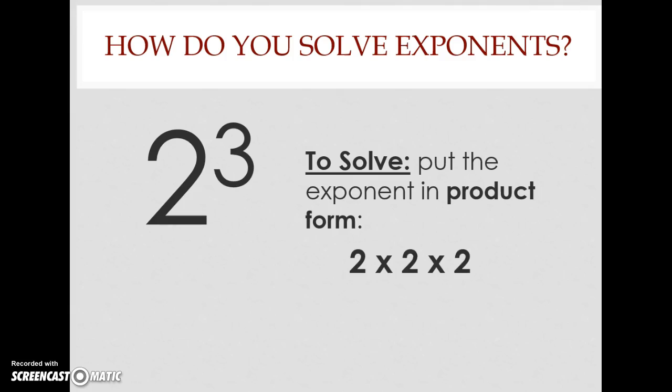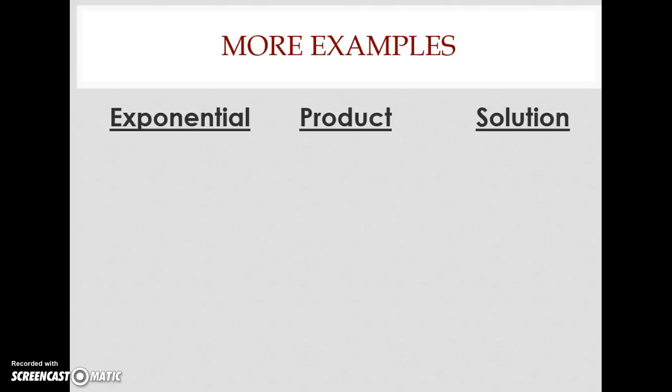So now I have 2 times 2 times 2. You shouldn't need your calculator for this, but 2 times 2 is 4, and then another 2 equals 8. So when you're solving these exponents, you know that 2 to the third power equals 8. And like I said, we're going to do this for order of operations, so that 8 is something you'll see later on when you're solving order of operations.